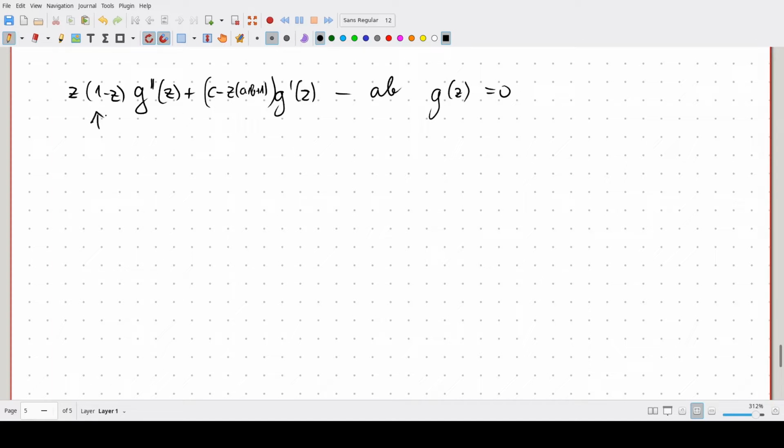Well, unless you have a double zero, in which case you can't transform it into that shape. Never mind. So this function has, if we divide it through by z(1 minus z), regular singular points at 0 and at 1, and also at infinity.